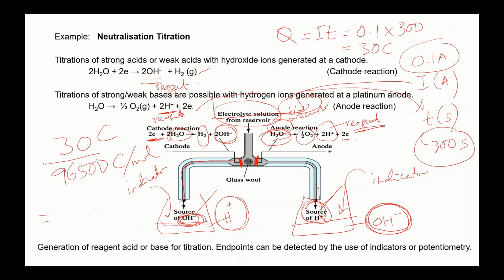So you will get moles, and then you can find the concentration of ion such as hydroxide or proton in your test solution by doing the proportional equation or calculation.